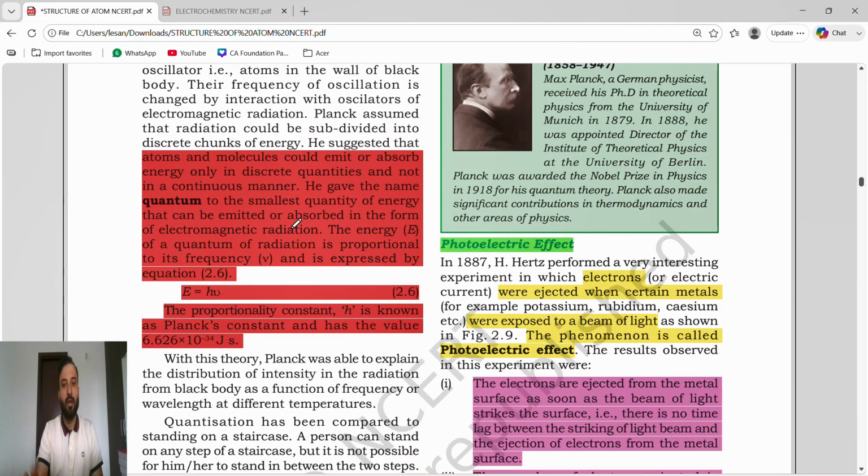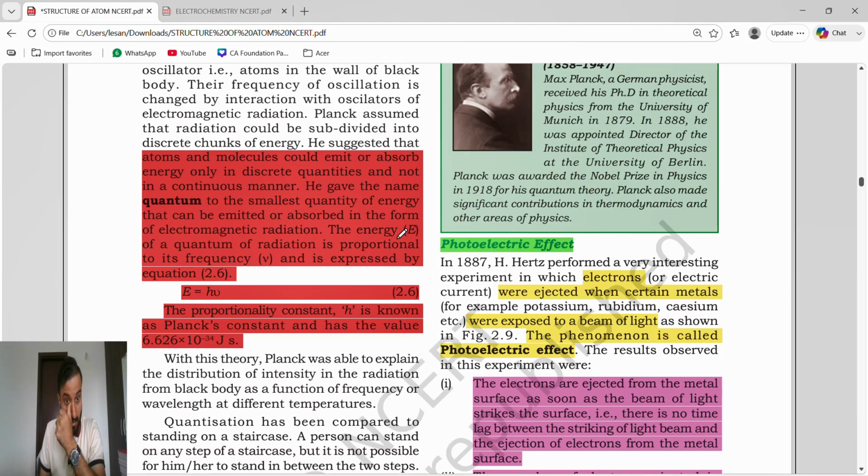Understand? Now, sir, how do we find the smallest quantity of energy that can be emitted or absorbed? There is a formula: E = hν, that is, E equals h times frequency.